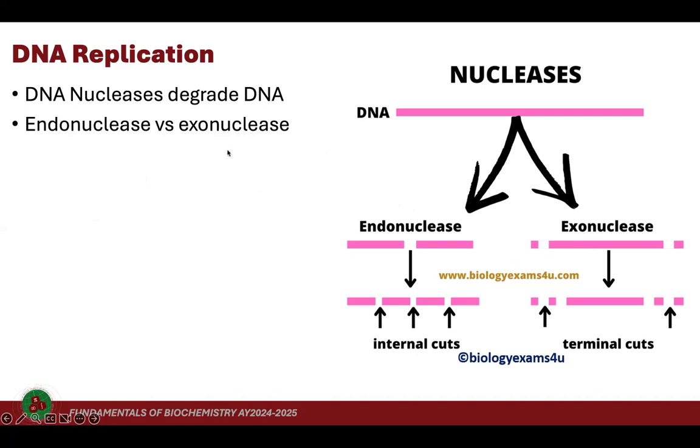This is an enzyme that can cleave only the terminal nucleotide. So it can be a 5' exonuclease, so it's the nucleotide that you will see in the 5' end of a DNA strand, or it can be a 3' exonuclease. So what it can cleave is the nucleotide in the 3' end. So knowing that these enzymes exist will help us in the understanding of DNA replication.